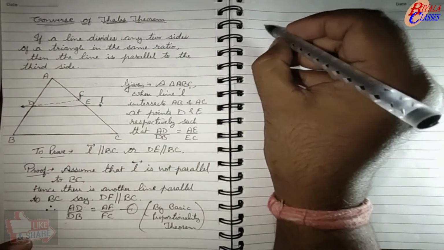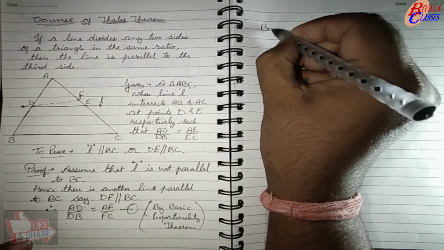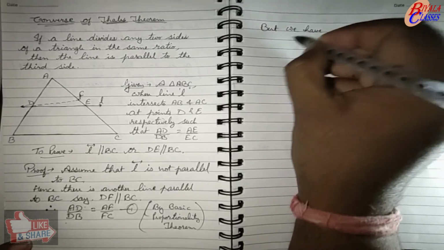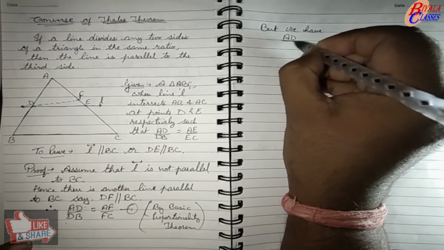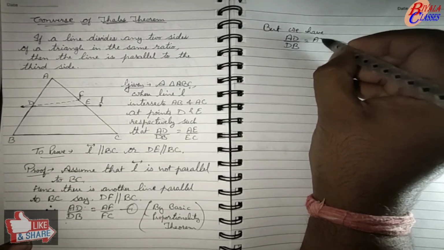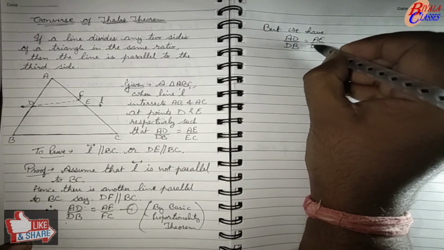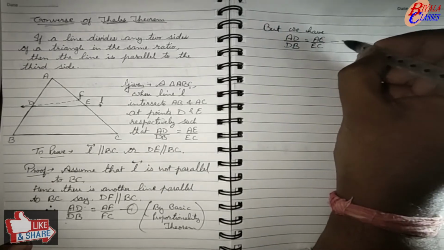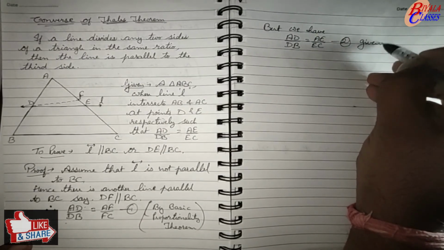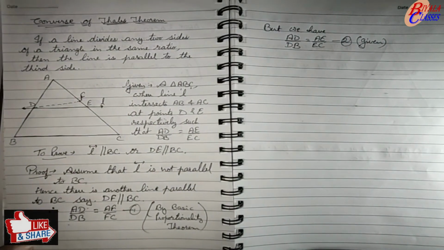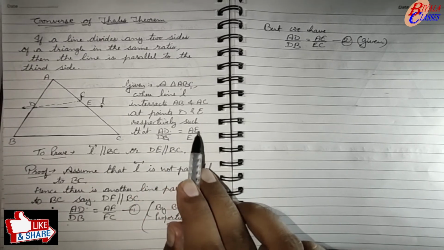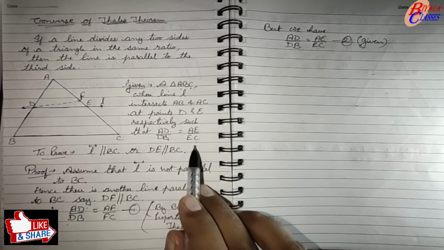But we have that AD upon DB is equal to AE upon EC. Now this is given to us.